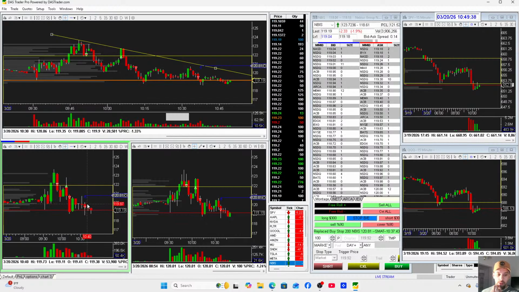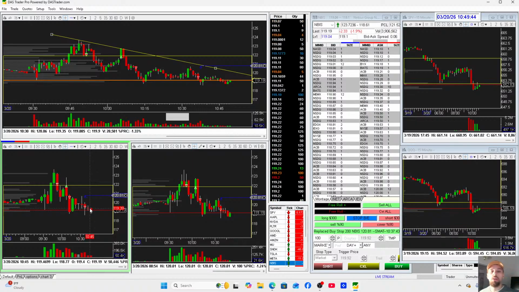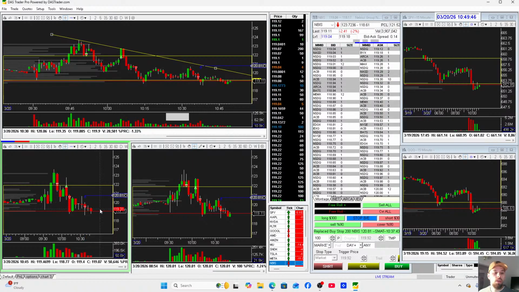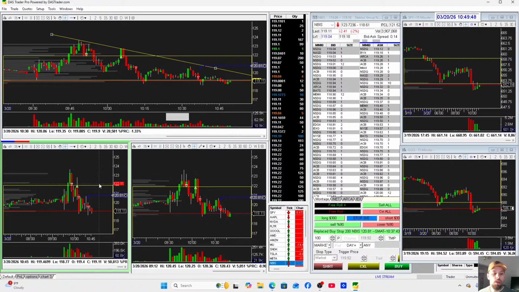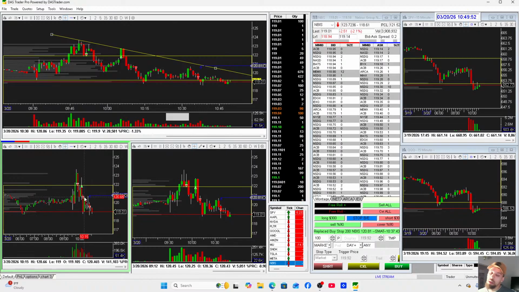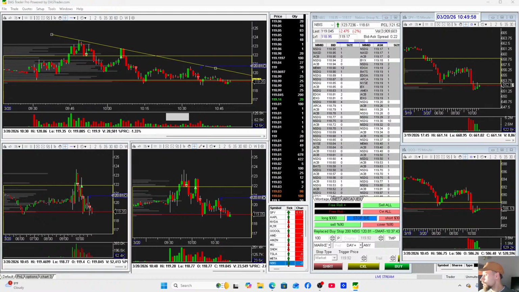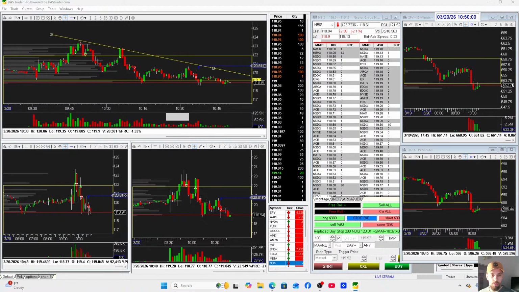Better add of entry would have been 119.75 instead of 119.40. A couple 40 cents, 50 cents, but that adds up with 100 shares. That adds up even more with more shares, so. Fine details in this stuff.